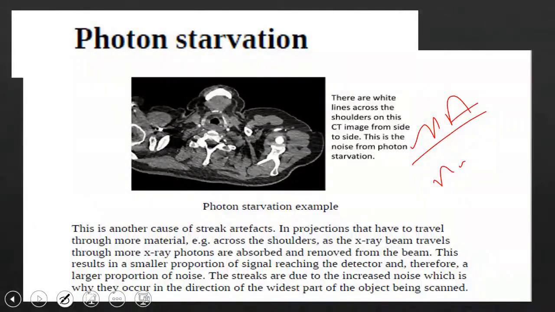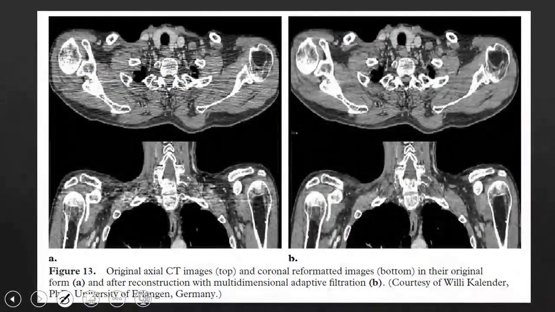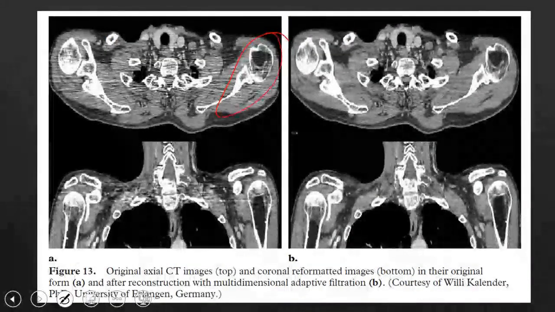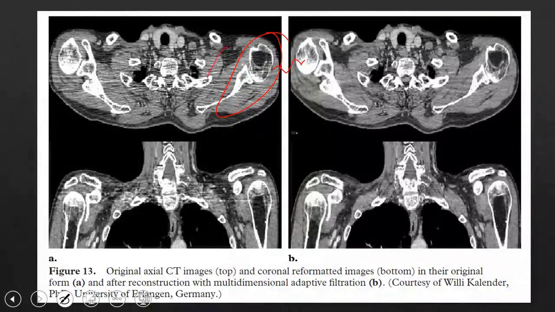This variation in milliampere occurs even though you are providing a fixed value of milliampere along your scan. Then, something called photon starvation artifact starts to happen, which appears like this and is very common, especially in the shoulder area, because you have a high density object here that causes high attenuation of the X-ray beam, preventing it from reaching the soft tissues in the center of the image, resulting in a low number of photons.